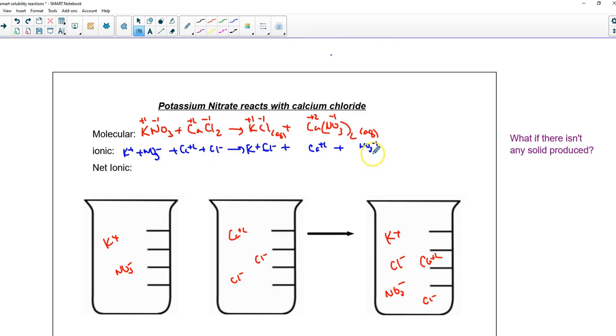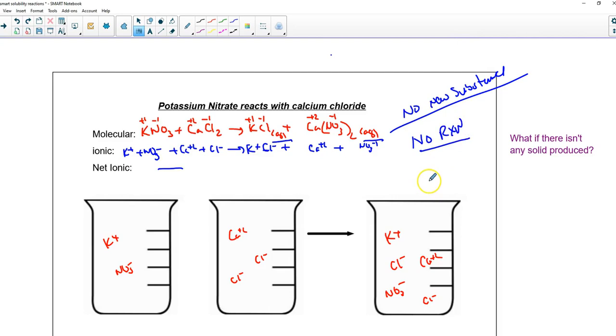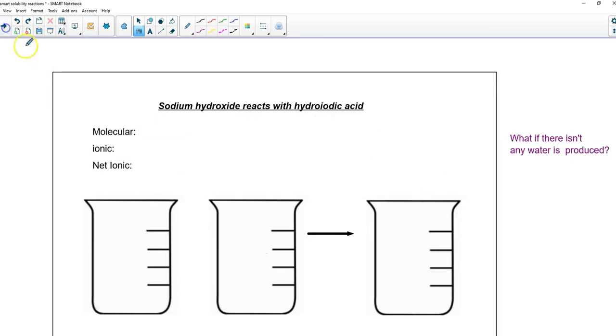If I cross out my spectators, I literally would have to cross everything out and there would be nothing left. So when we have no new substance, we need something to change here. No reaction. No precipitation reaction, at least. So look for 2 aqueous, and that means no reaction. Nothing happened. They just mix together.